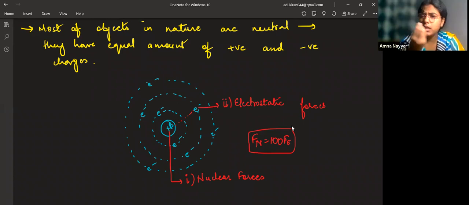Why? Because electrons are held through weak forces and protons through strong forces. It's very difficult to break a strong force of attraction, and quite easy for weak forces. So remember one thing, it's the transfer of electrons that occurs from one body to another.